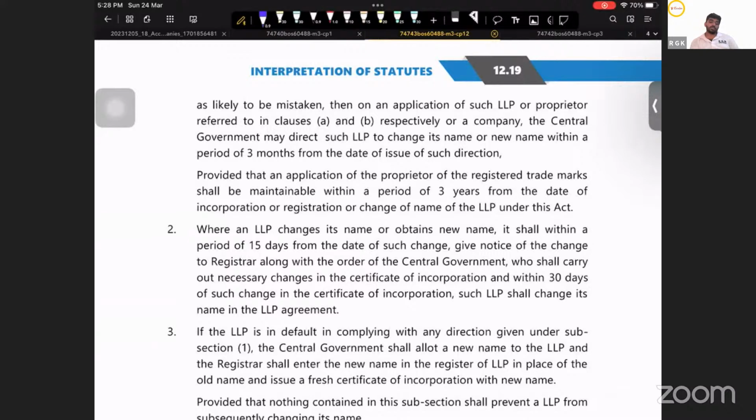Based on the central government's order, if the LLP changes its name or obtains a new name, it shall, within a period of 15 days from the date of such change, give notice of such change to the registrar along with the order of the central government, who shall carry out necessary changes in the certificate of incorporation. And within 30 days of change in the certificate of incorporation, the LLP shall change its name in the LLP agreement.